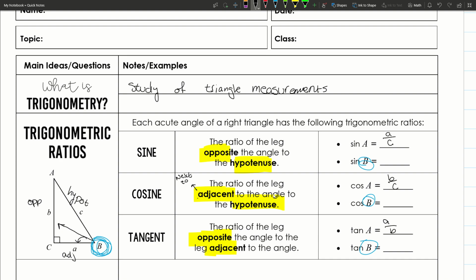So opposite over hypotenuse, or sine of angle B, would be letter B over letter C. Our cosine of B is our adjacent, which is A, over our hypotenuse, C. And then tangent of angle B would be our opposite, B, over our adjacent, A.